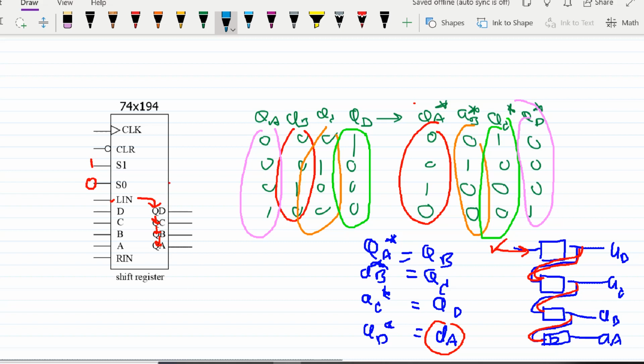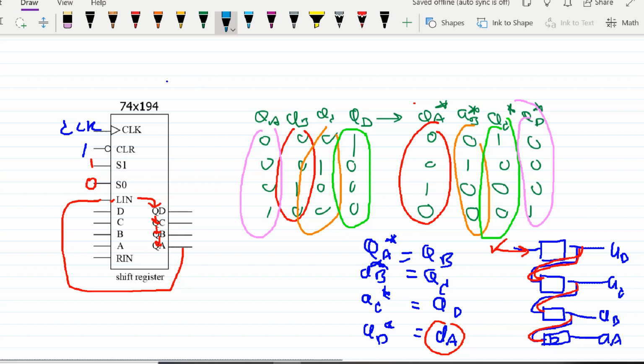But this IC reads input from L in. That means you must connect QA to L in. Yeah, that's all. And for the clear input, if you don't use it, you apply 1 because this is active low. Okay. And apply clock at here. Okay, finish.